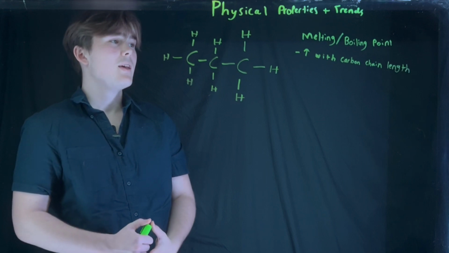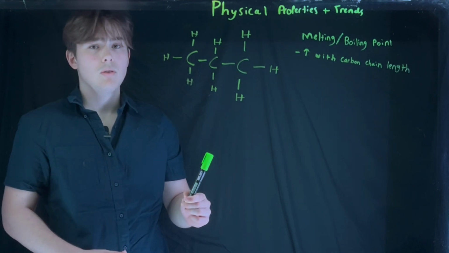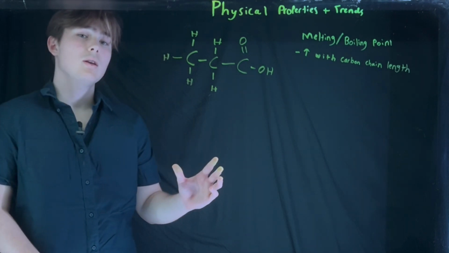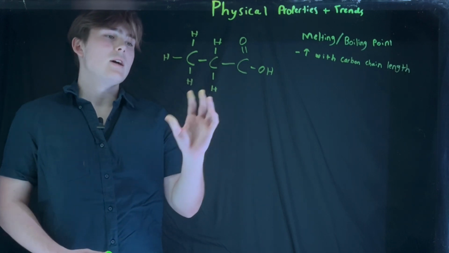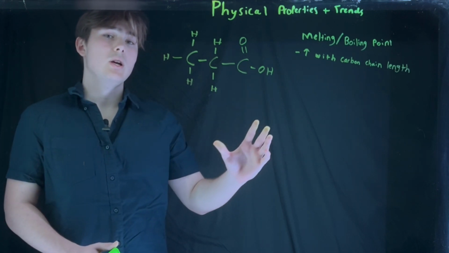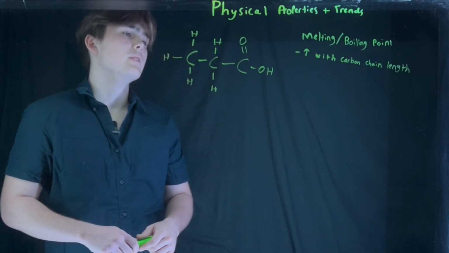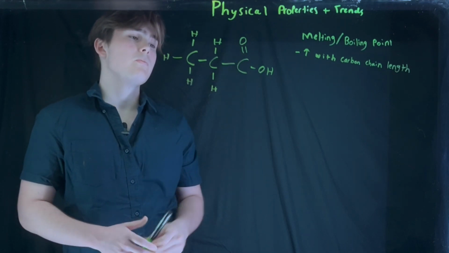Now there's also some other things that can affect melting and boiling point of molecules. So what we've got here is a slightly different molecule. It has the same number of carbons, but the functional group has changed. It's no longer propane, but instead we have a carboxylic acid functional group on the end.